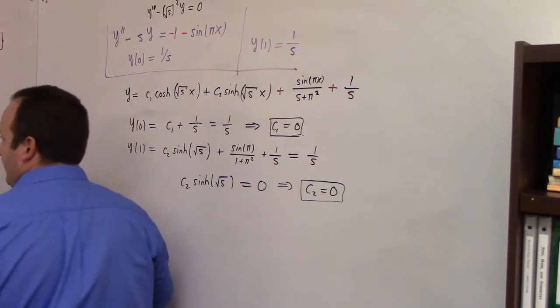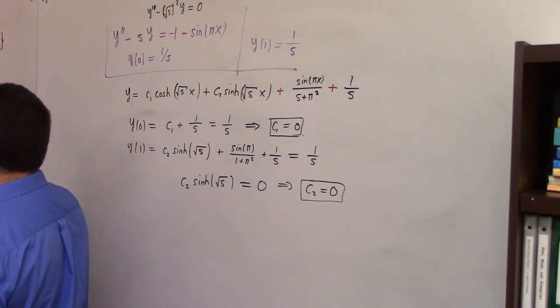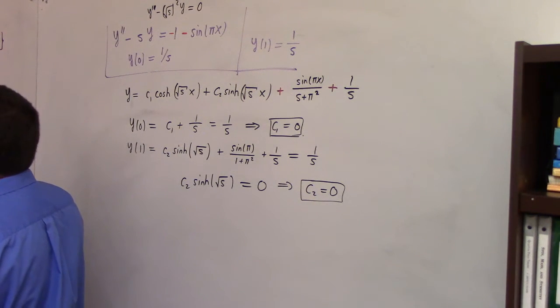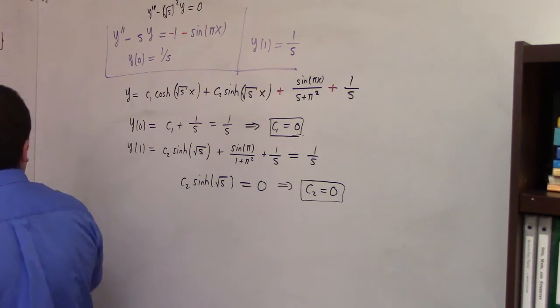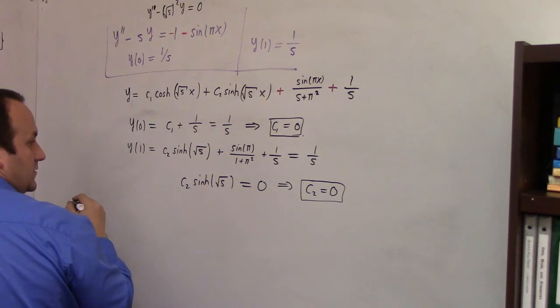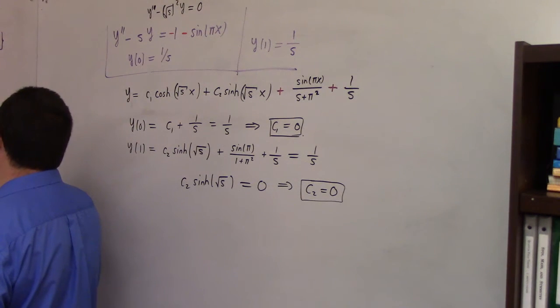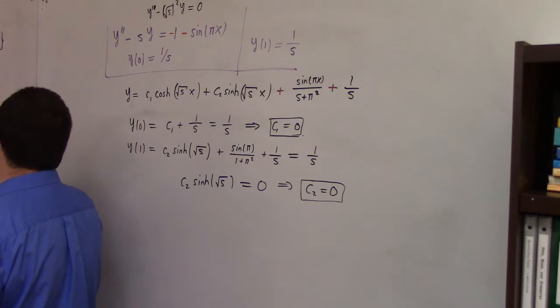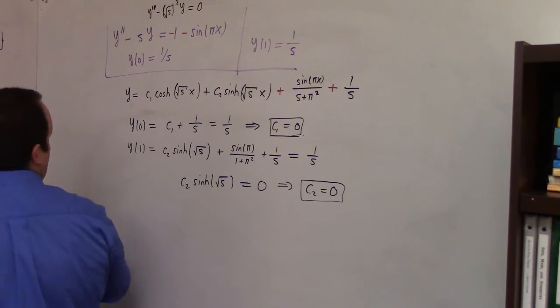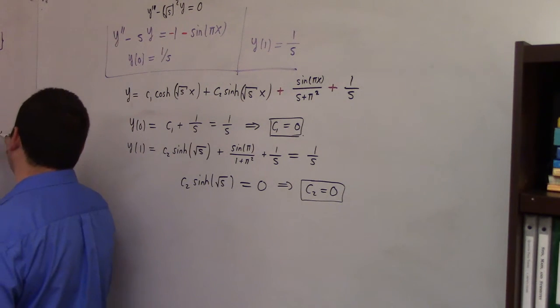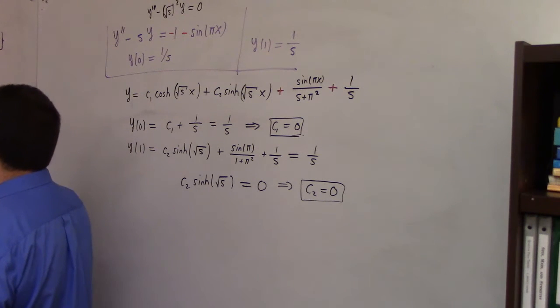So in summary, backtracking over to here, the solution to this is that U of x comma s is equal to sine of pi x over s squared plus 1, plus 1 over s. Right?